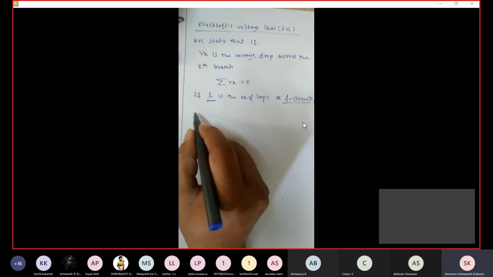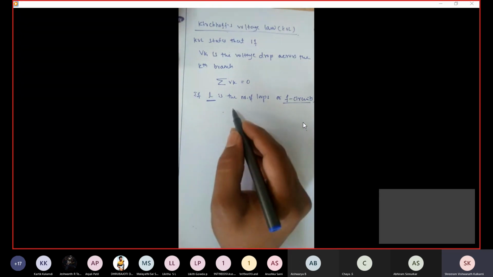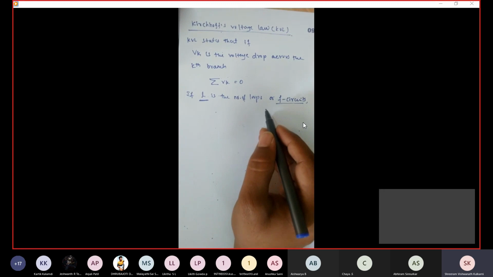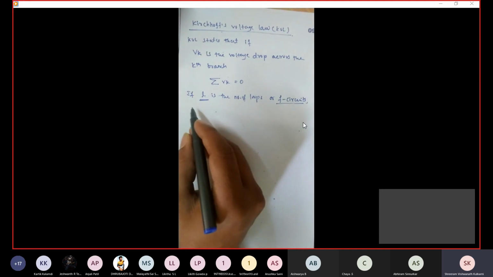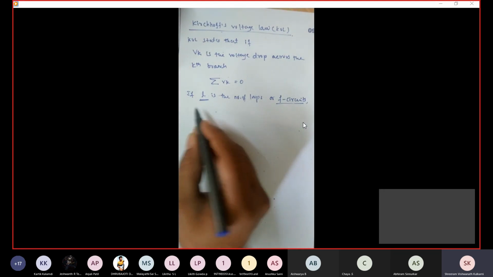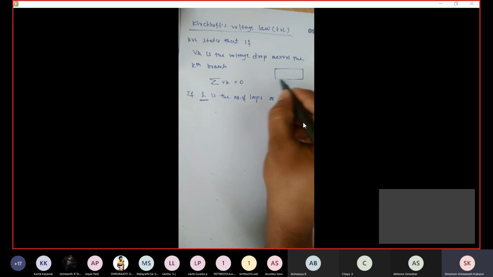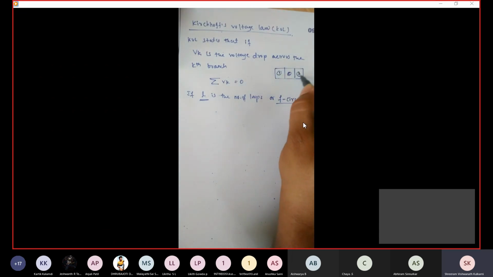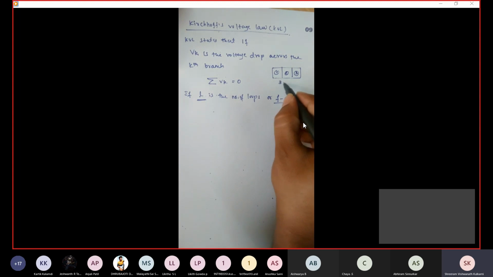Means how many loops are there, that many KVL equations. For example, if I am having 3 loops, loop 1, loop 2, loop 3, then I am going to get 3 KVL equations, one for each loop.